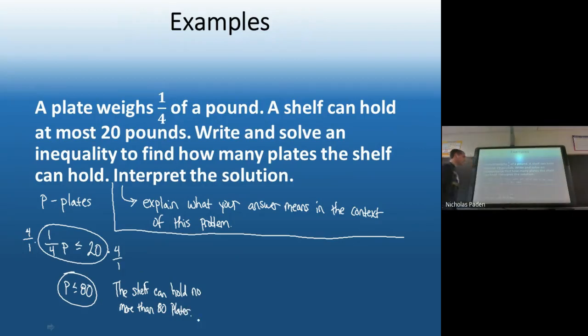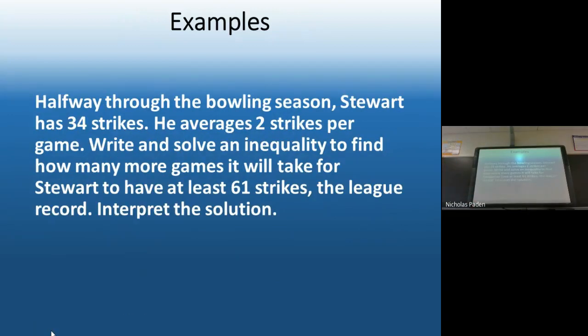The shelf can hold no more than 80 plates. Okay, so this is what interpret the solution means. You write something like that, just a short sentence, that tells me what your answer means in the context of this problem. Okay, so our next example here.